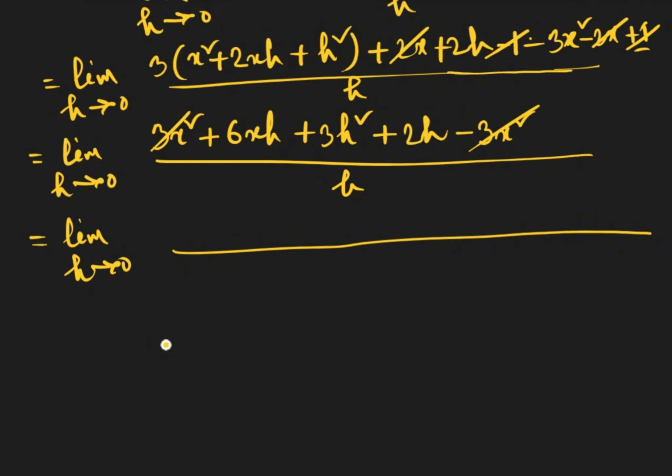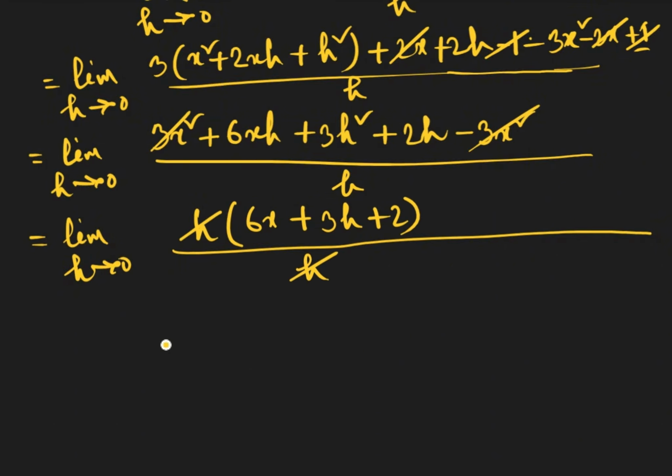Here our main target is to eliminate the h at the denominator. So let's take the common term h. So 6x plus 3h plus 2, and here will be h.